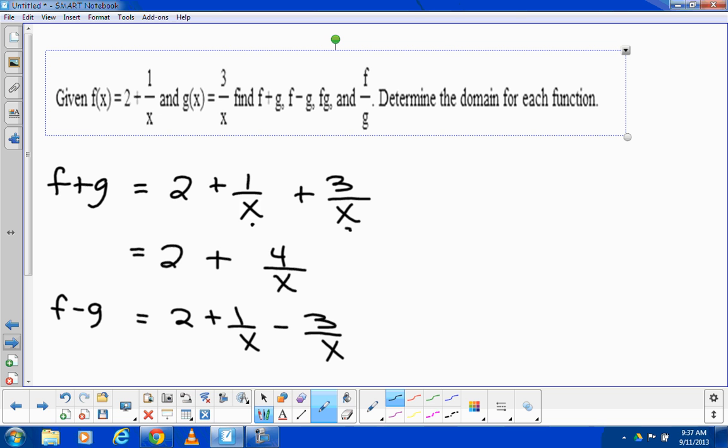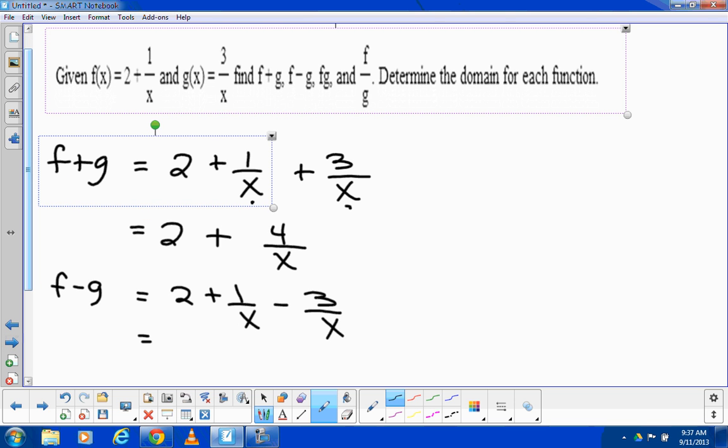Well, we're going to go back and do that at the end, because whatever it is for f plus g, it'll be the same for f minus g and f times g. So we'll get like 3 things done at once. In this case, we'd say the 1 minus 3 right here would give me -2. So it would be 2 minus 2 over x.